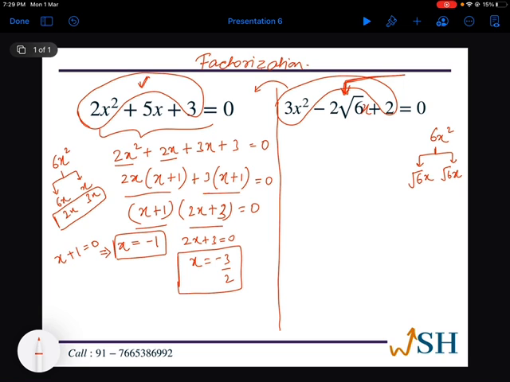Alright, but we also want minus and the product is plus, so we know that both of these terms have to be negative. So minus root 6x plus minus root 6x is going to give us minus 2 root 6x. Alright, so we have partially solved it.